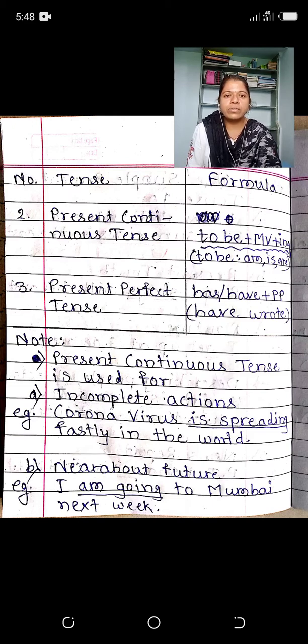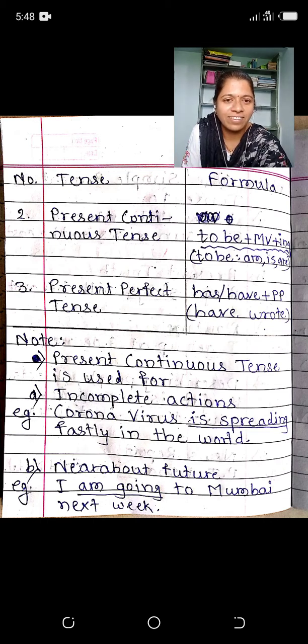Now we will turn to the third tense, present perfect tense. See the formula of the verb: has or have, the form of have, plus pp. pp means past participle, the third form of the verb. For example, have written.